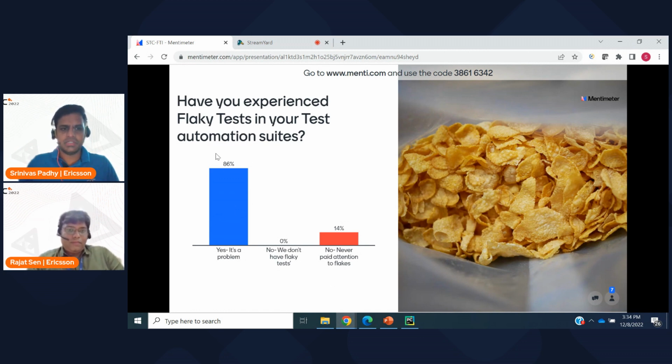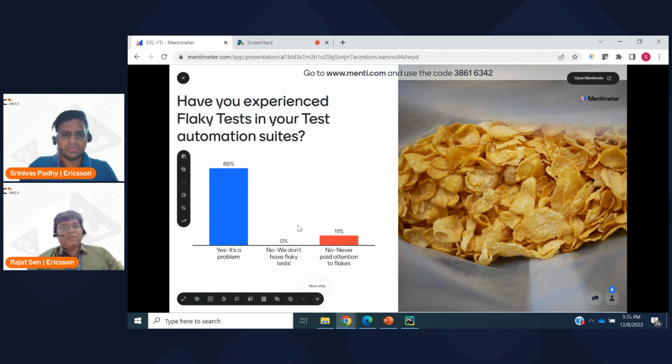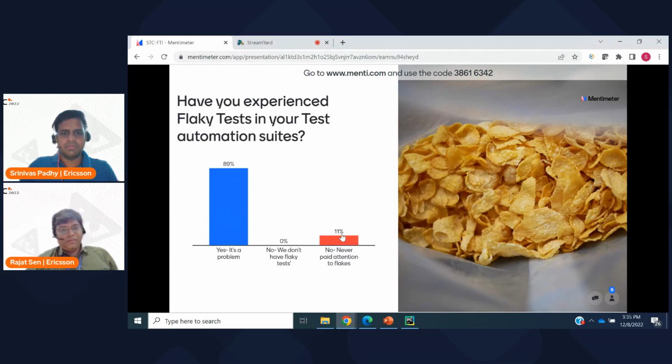But 86% says that it's a problem. So we are on the right path. Very good. Okay, next question. So overall, it looks like 89% say it's a problem, 11% never paid attention to flakes, which is very general. So we have to pay attention now and resolve this problem.